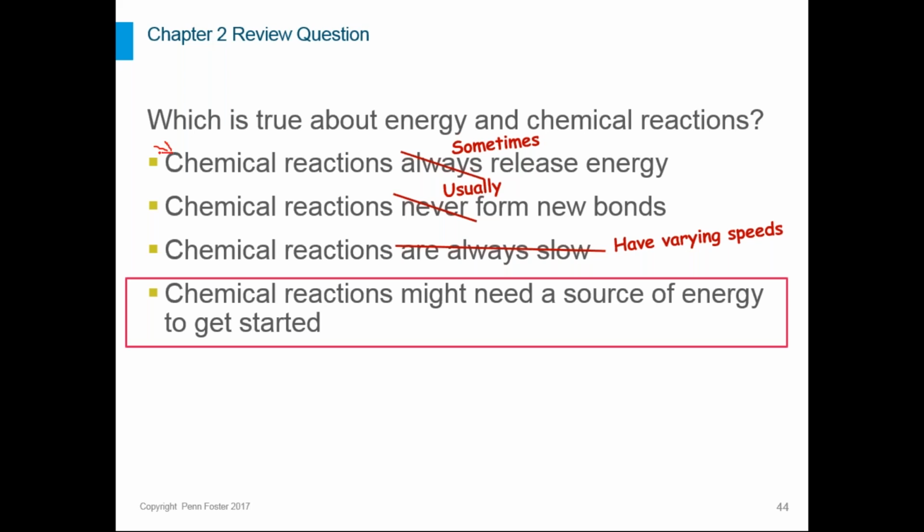Some of them can happen spontaneously, which means they're storing energy and then they don't need anything to get started. They just release the energy. But most chemical reactions do actually need some source of energy to at least get started, even if they end up releasing energy later. Okay, so good job there.